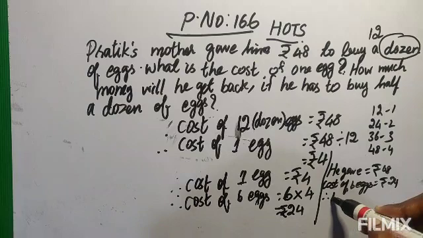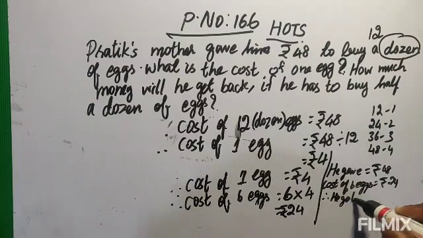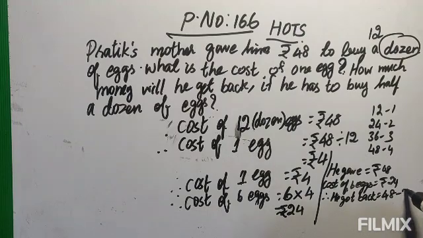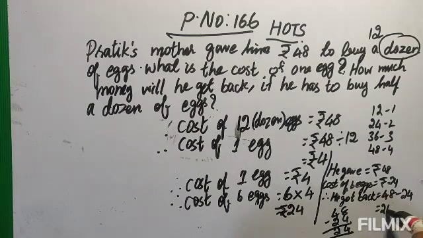Therefore, he got back 48 minus 24. So 48 minus 24: 8 minus 4 is 4, 4 minus 2 is 2, so 24. So he will get back 24 rupees.